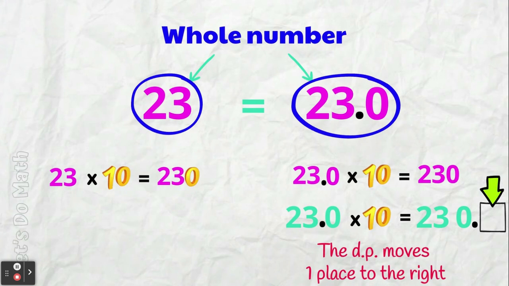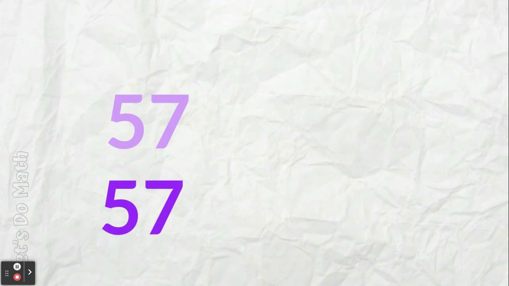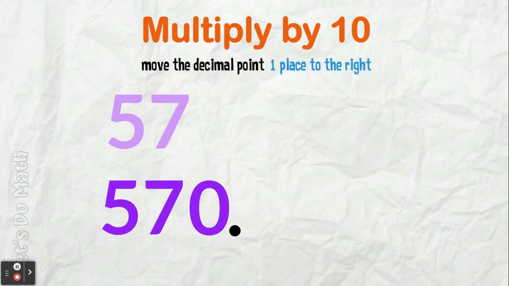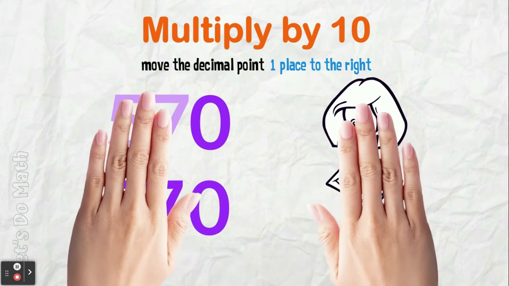There's no digit after this, so we can leave the decimal point off and just say equals 230. Let's do another one. 57, which is really the same as 57.0. If I multiply it by 10, I move that decimal point one place to the right. 570. The same answer as if we just said put a 0 on the end because we're multiplying by 10.